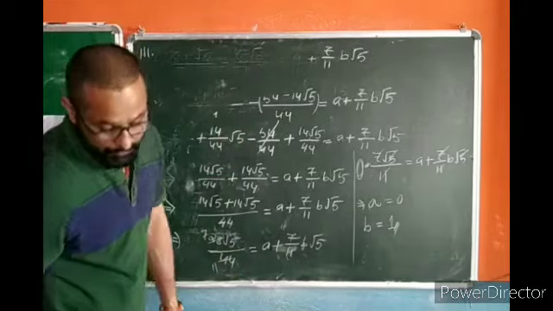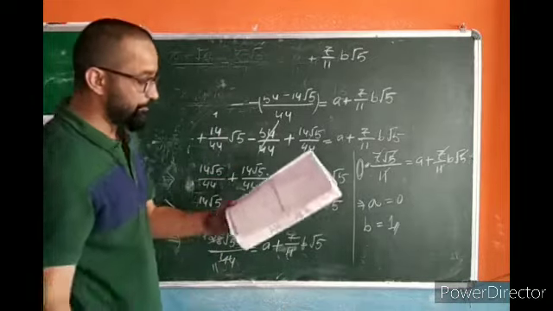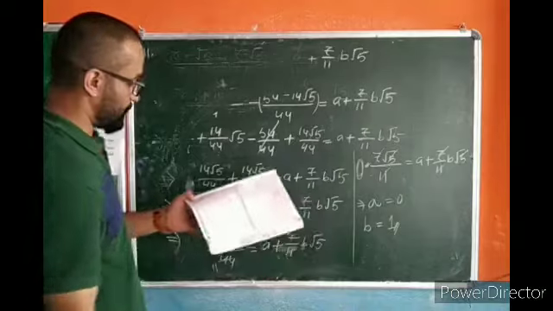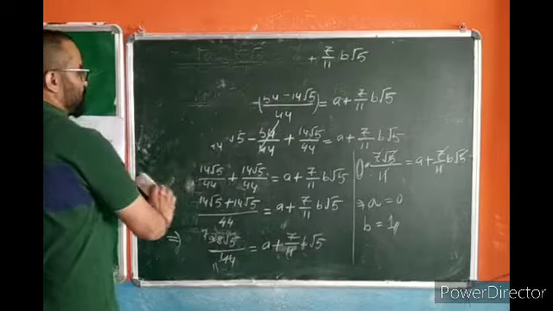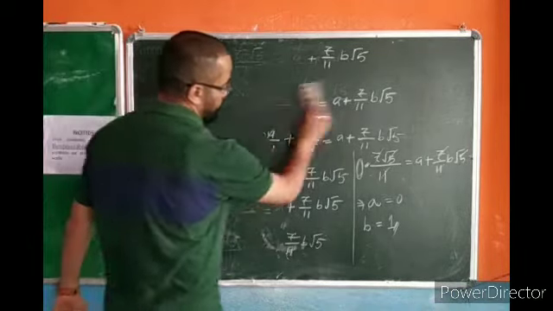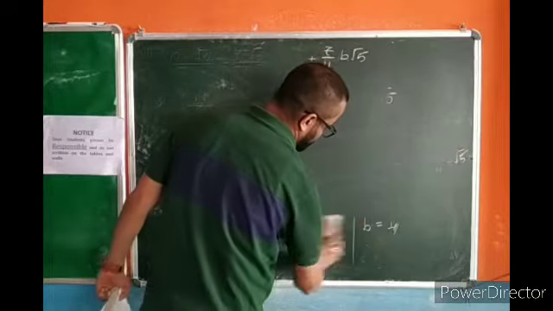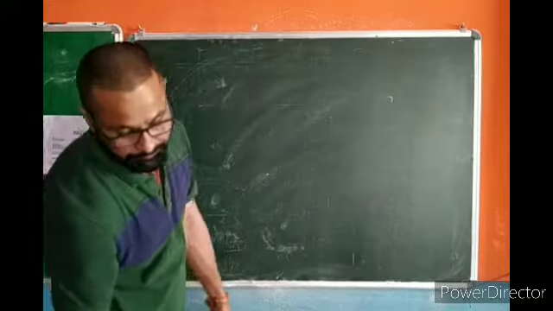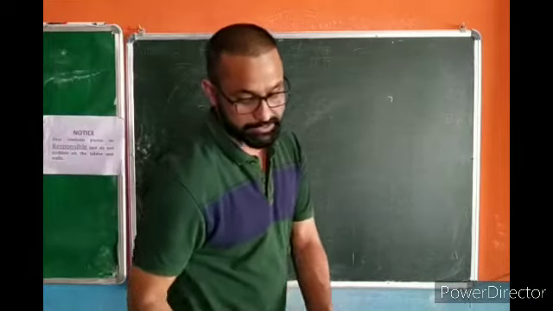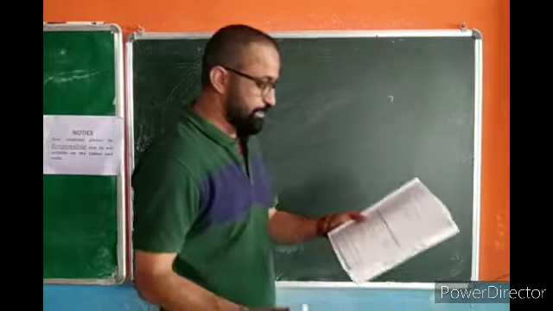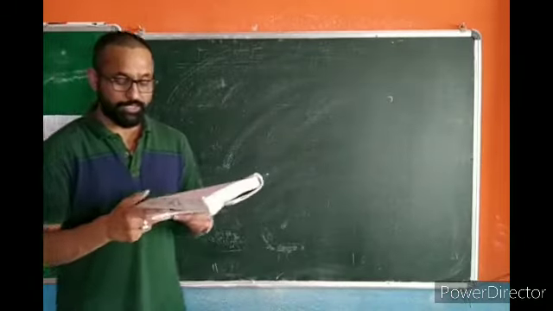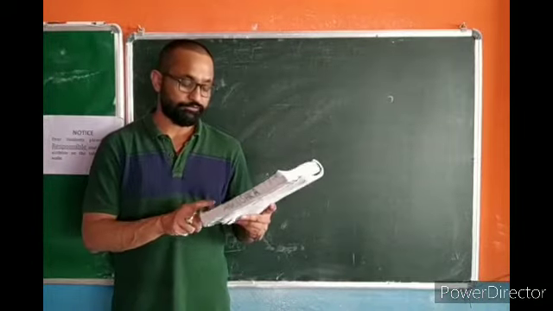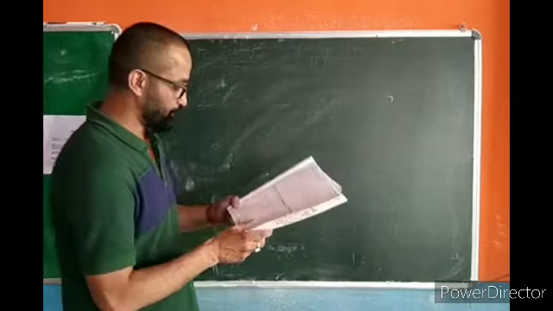Question number 5 is similar, the same question. So please do try question number 5 yourself. Now look at question number 6. The question says: rationalize the denominator and find the value of the following.